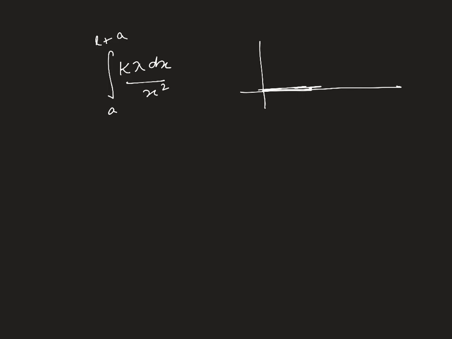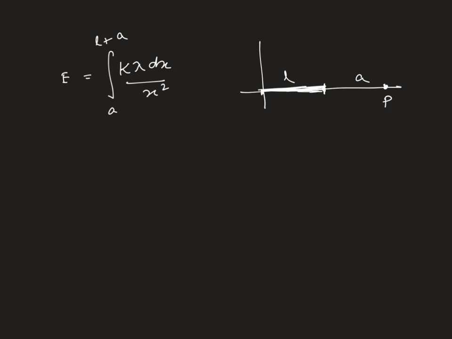This was the rod. The length of rod is L. The point is P. Since the point is P, the distance here between this part of the rod and point P is A. So the closest distance is A, and the farthest distance is L plus A. So those are my integration limits, and that is the way I'm going.